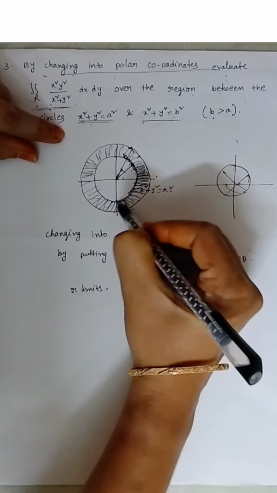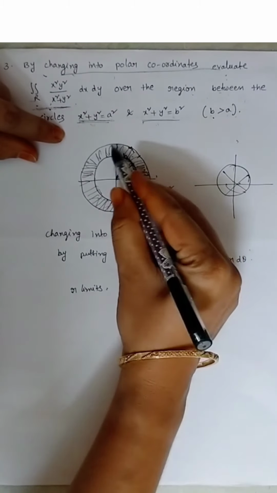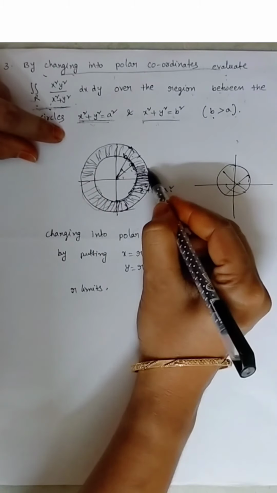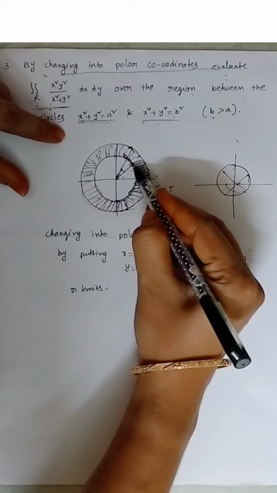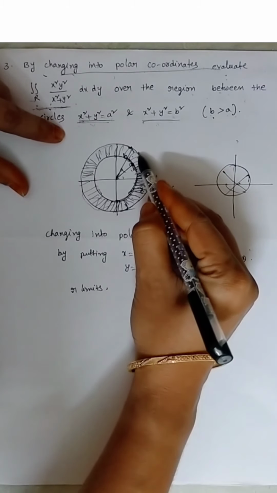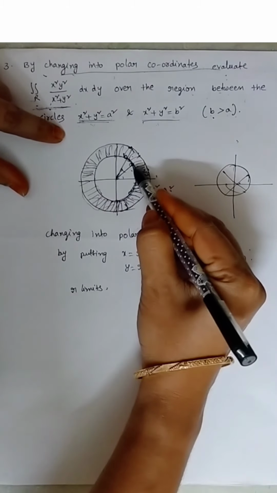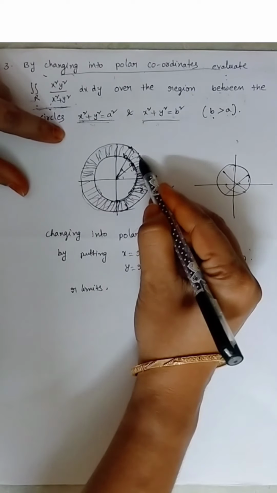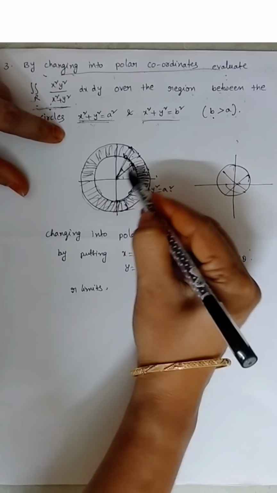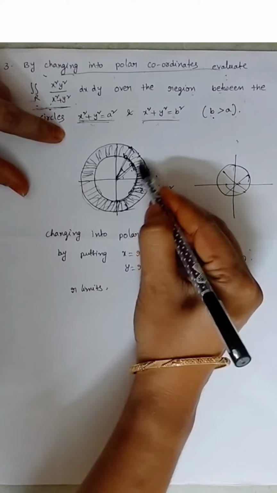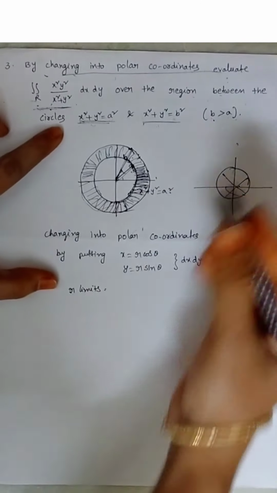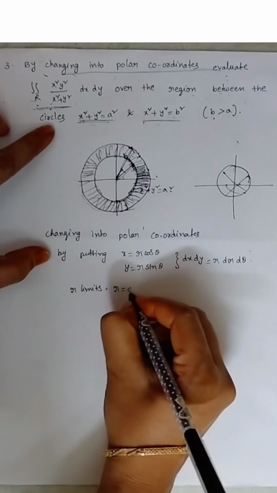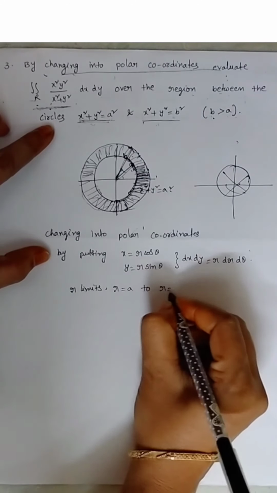This is the circle with radius a and this is the circle with radius b. Between the circles they are asking, so from radius a to radius b. Therefore the r limits are r equals a to r equals b.